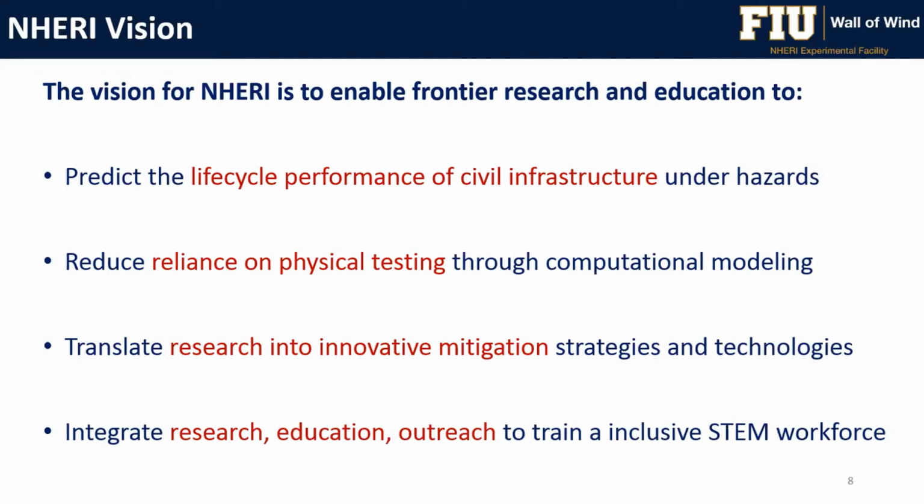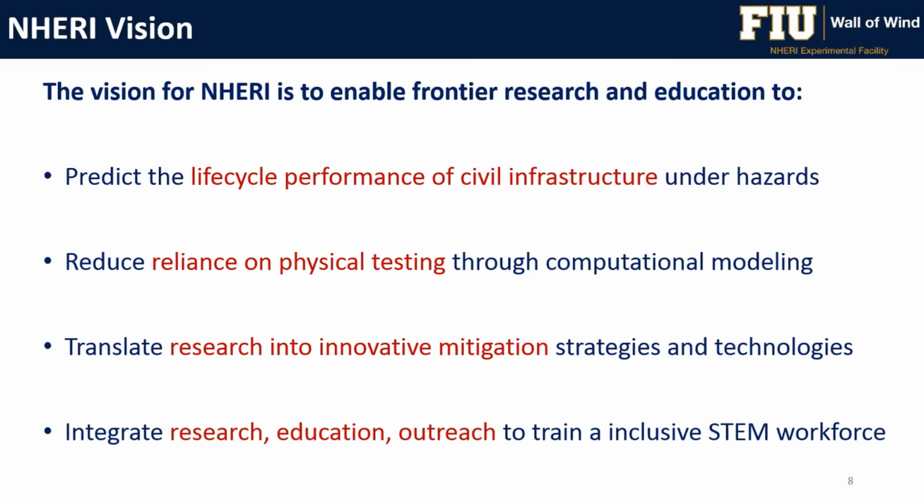Then it's not only about understanding the performance or doing computational modeling, but the final goal is to come up with new design or mitigation approaches. So how does this research translate into innovative mitigation strategies and technologies?